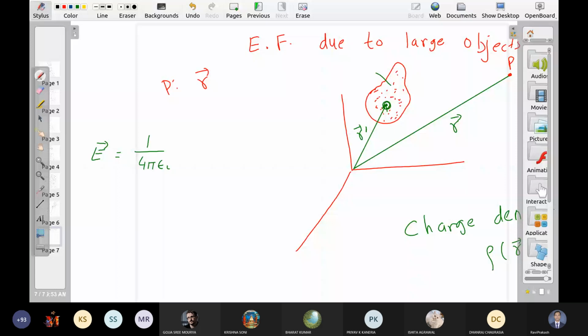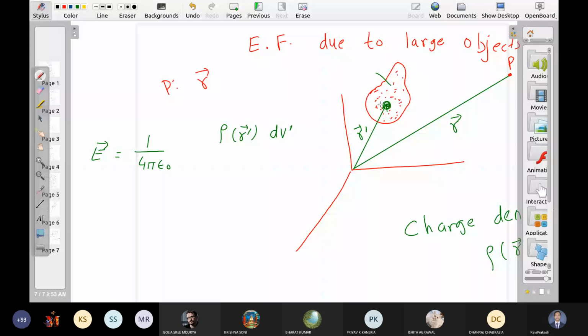How much charge is in this small element? Rho is the charge density at that point, and dV prime is the volume of such a small piece. This is the charge in such a small volume.